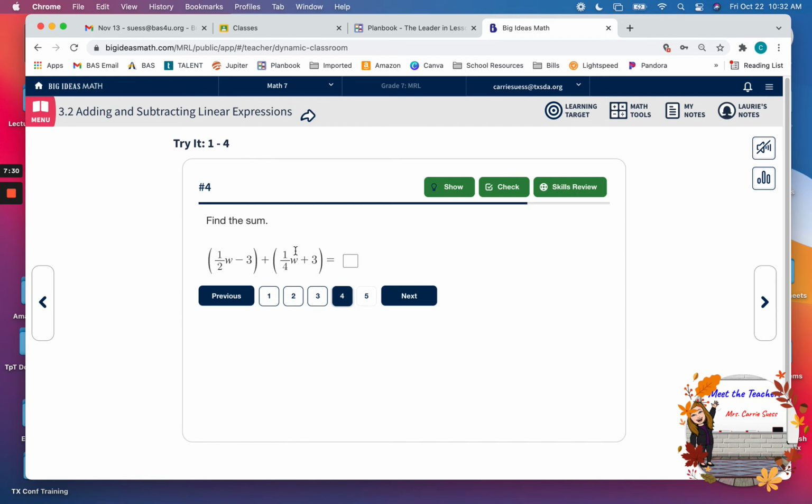Why are they called like terms even though they have different fractions? They're both positive and they're fractions. No, because they have a W. Positive, negative doesn't matter. Fraction, non-fraction doesn't matter. It's because they are a coefficient with a W. So how do we add 1/2 plus 1/4? You get a common denominator.